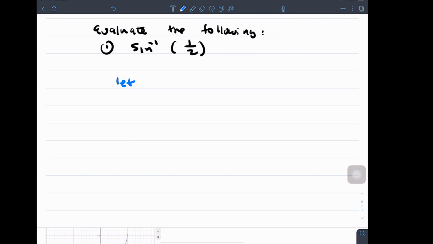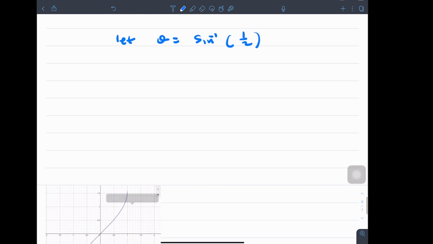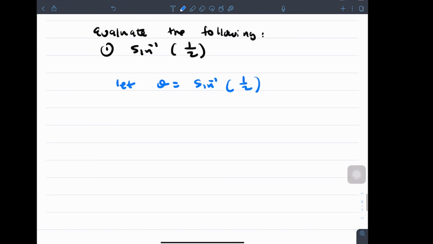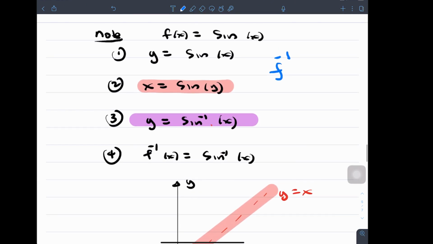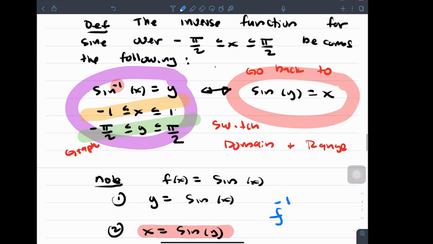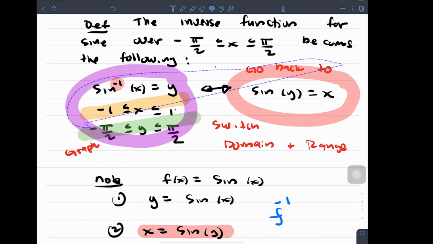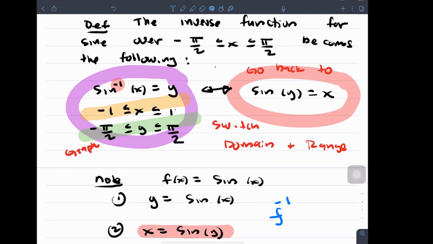The standard process is let theta be inverse sine of 1/2. So that's how you start this. Okay, you guys okay with that? And then you might say, what do I do now? Well, you can go back to this definition.